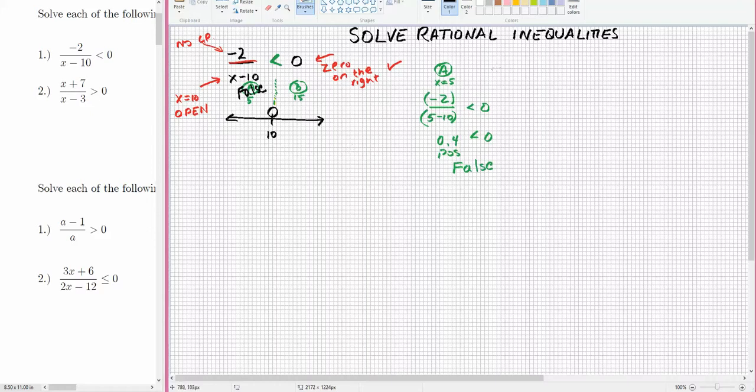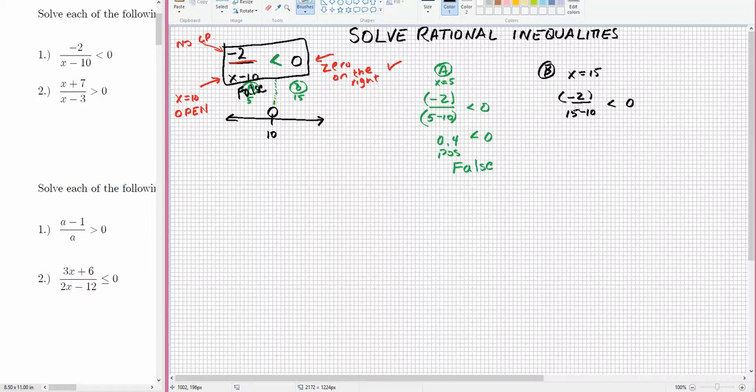Now, for region B, we said we were going to test x equals 15. So we're going to plug it into our inequality, so it'd be negative 2 over 15 minus 10. And the question is, is this less than 0? That's our inequality.